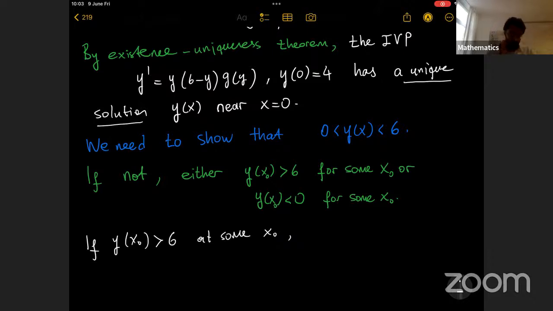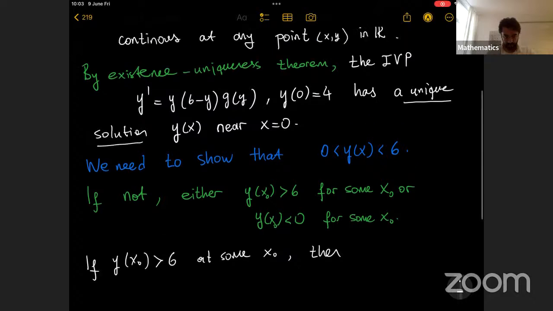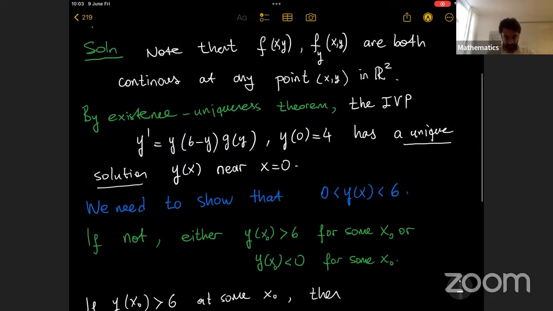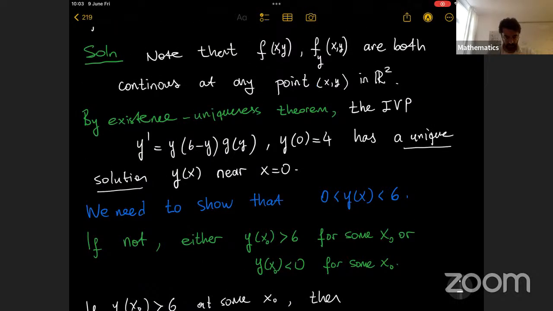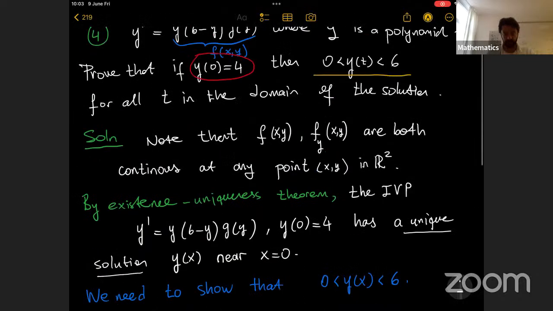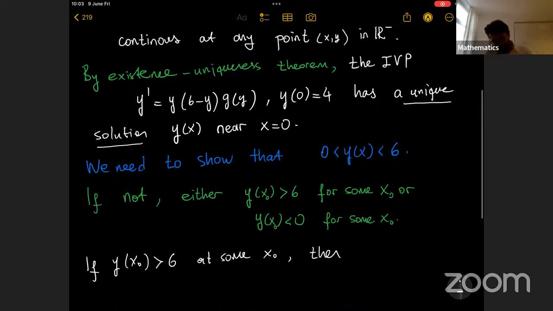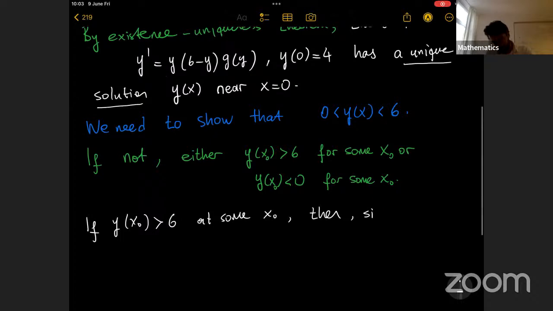Çözümün 0 noktasındaki değeri, initial value problem neydi? 0 noktasında 4 değerini alıyordu. Then since y0 is 4, yx0 6'dan büyük.